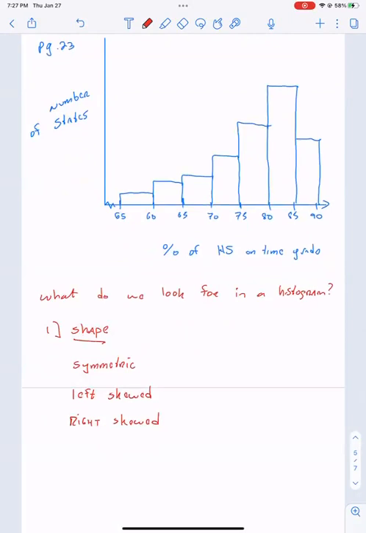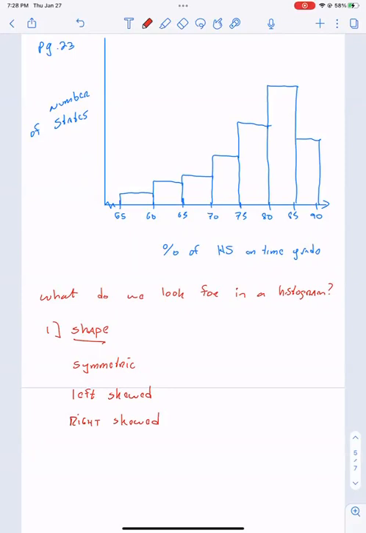Symmetric doesn't have to be perfectly symmetric on the dot, but basically it means that it's a mirror image across the center. So the left half and the right half of the histogram are essentially the same. This histogram on the page above, is this a symmetric histogram?